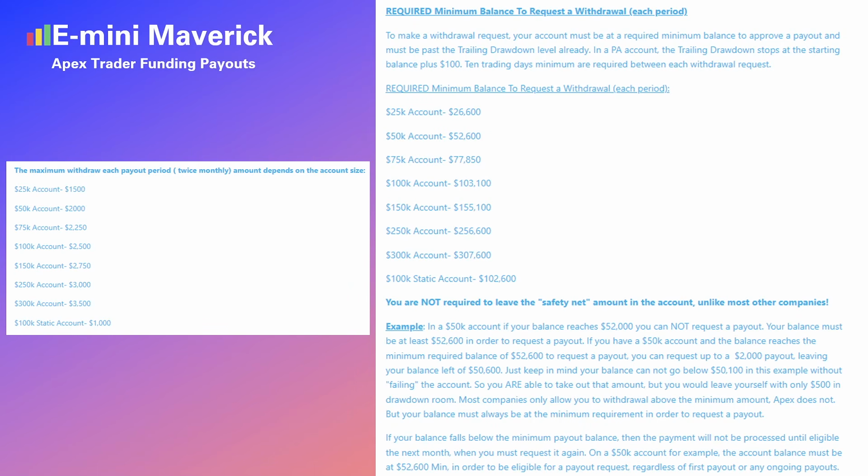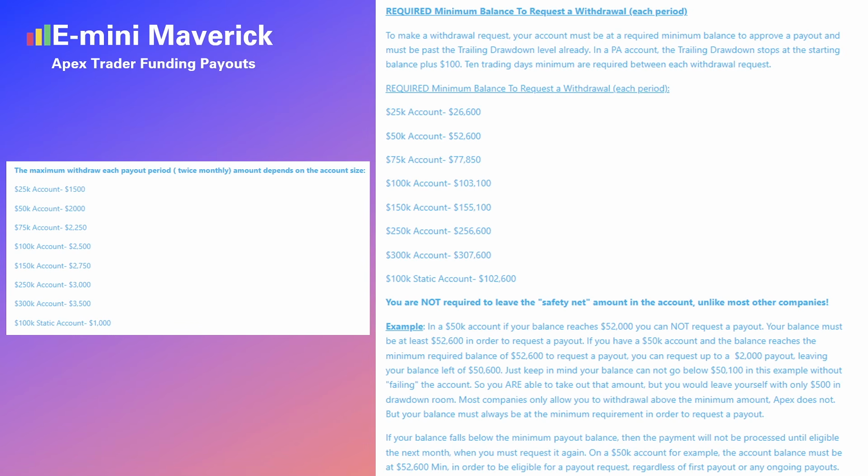Then, once you pass your evaluation, it's going to come time to get paid. For instance, on 25K accounts, the easiest way to make $30,000 in a month is to have 20 25K accounts where you make $1,500 on each. All you have to do is make $1,500 times 20 accounts, and you'll be able to withdraw $30,000 on your first payout.